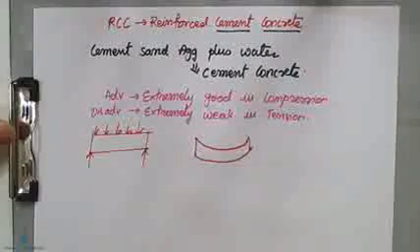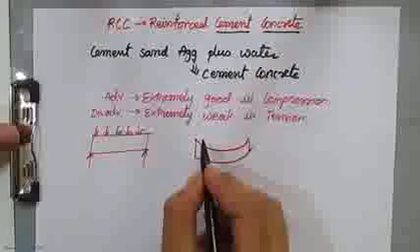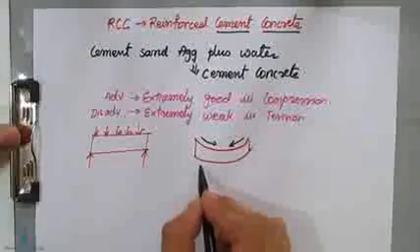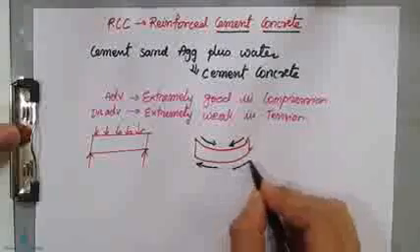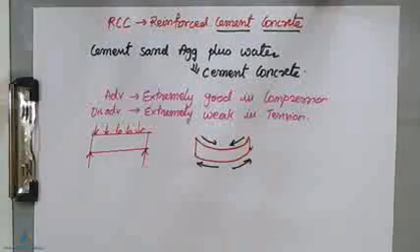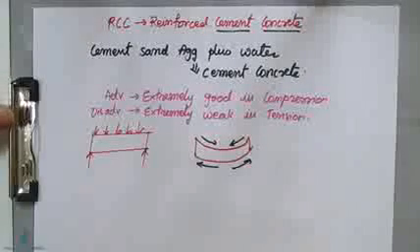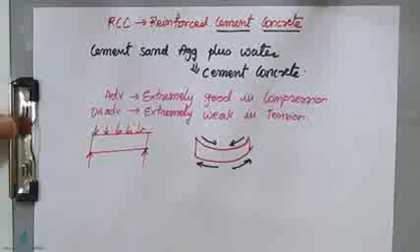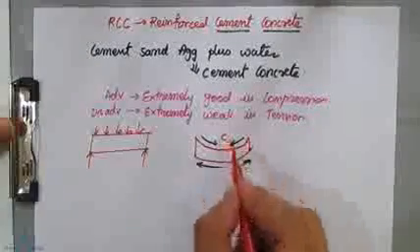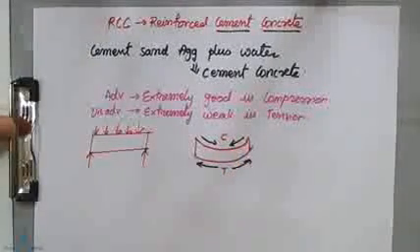So what happens here is this top fiber will undergo compression and the bottom fibers will undergo tension. So the concept of RCC lies here. The top fiber undergoes compression and the bottom fiber undergoes tension.